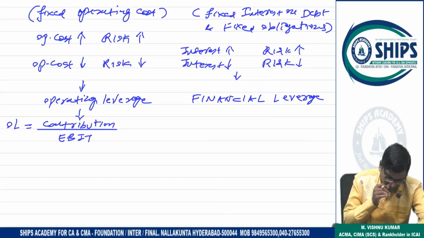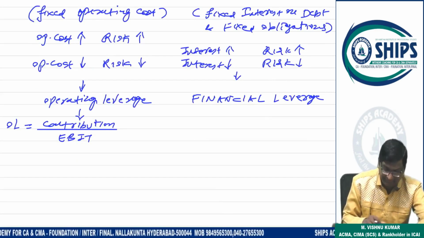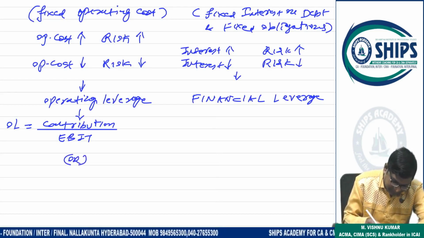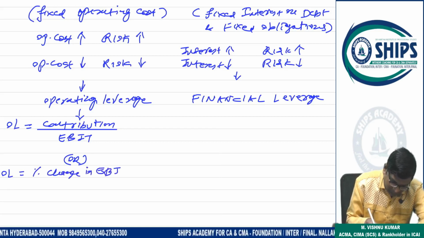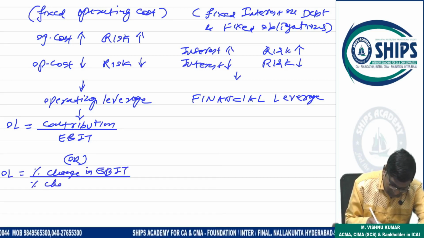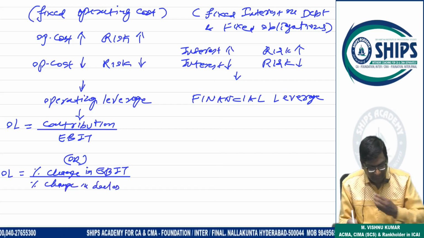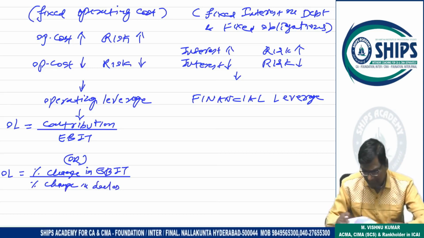First formula for calculating operating leverage is contribution divided by EBIT. Next formula: one more formula is also there, percentage change in EBIT divided by percentage change in sale. Okay, you will have two formulas.